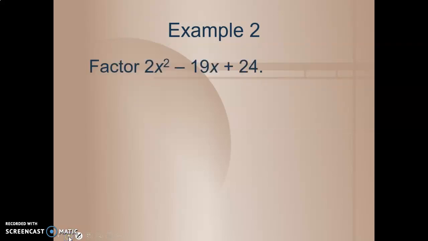expression. Let's try factoring 2x squared minus 19x plus 24. Now, you saw me before make a little chart of our a times c. 2 times 24 is 48, and try to find two factors that equal negative 19. Some people prefer to organize their information like this. 2 times 24 is 48.